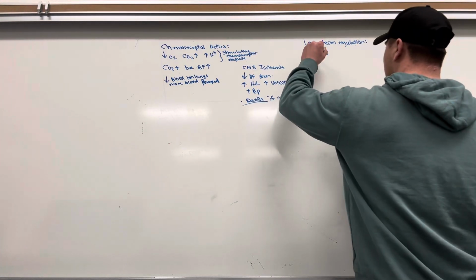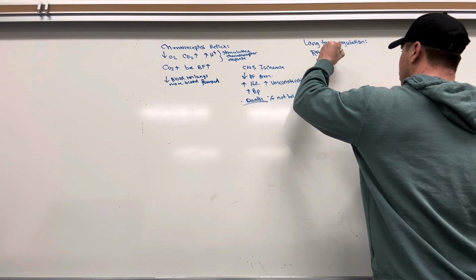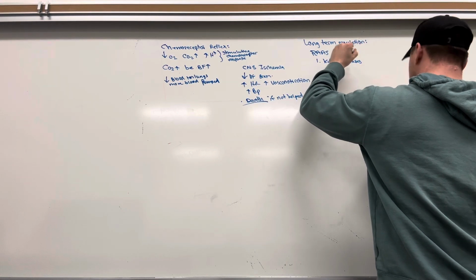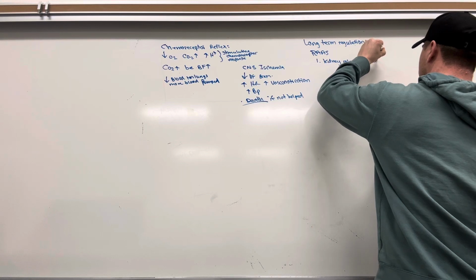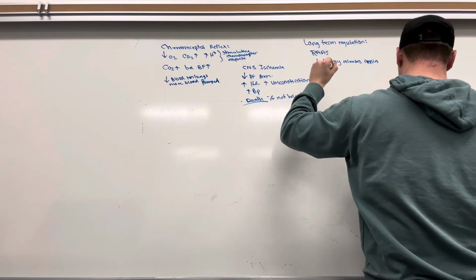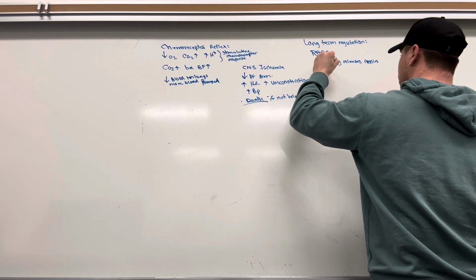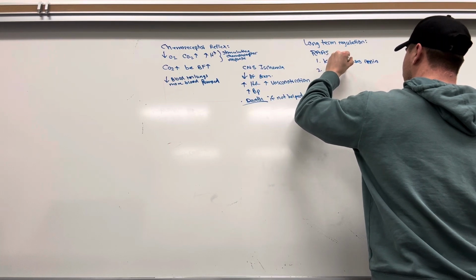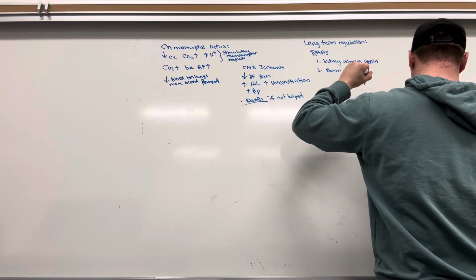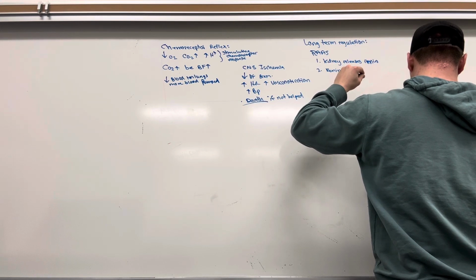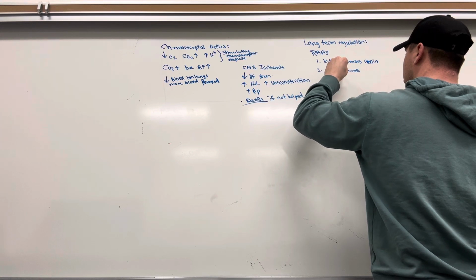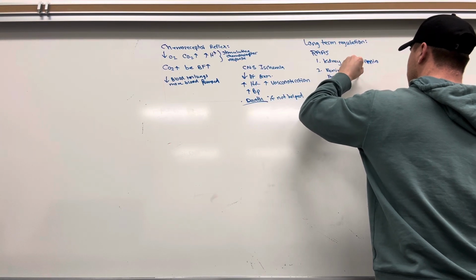So the first thing that happens is the kidney releases renin. The second thing that happens is renin converts angiotensinogen to Ang1.